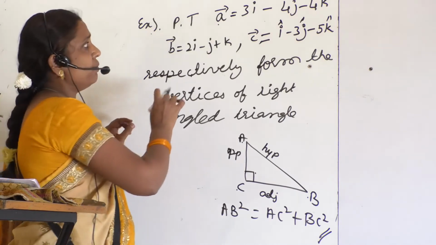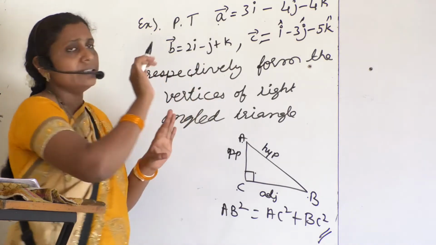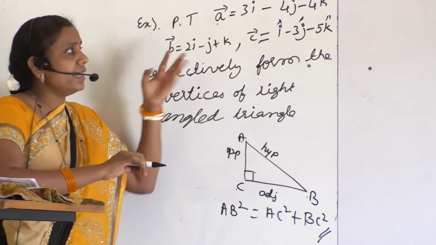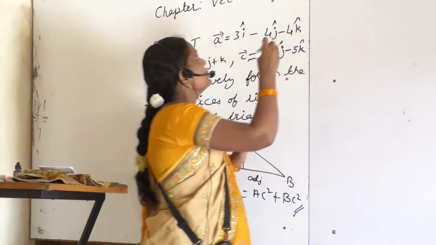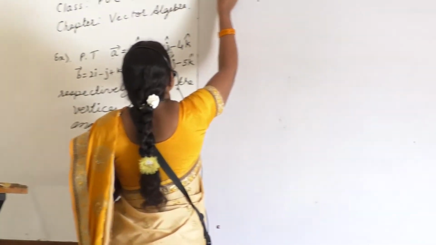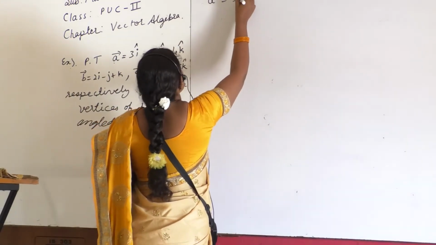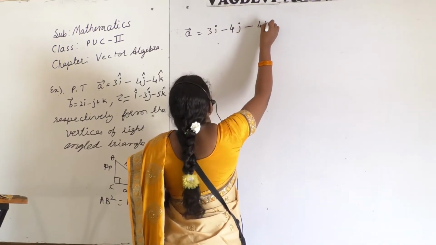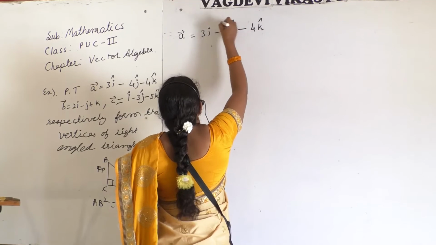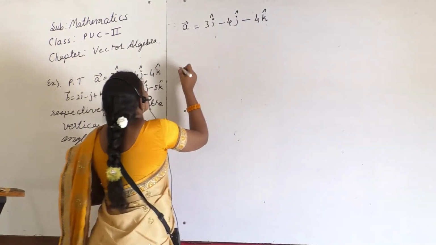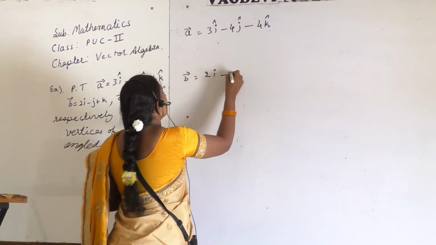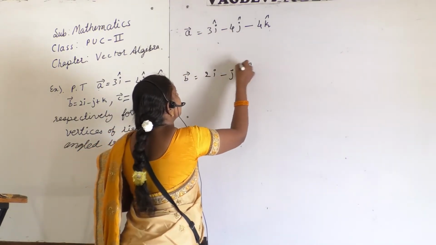So in that case what we will do is find the side lengths. A triangle means 3 lengths, and we will be finding them now. So A is equal to 3i minus 4j minus 4k. B is 2i minus j plus k.